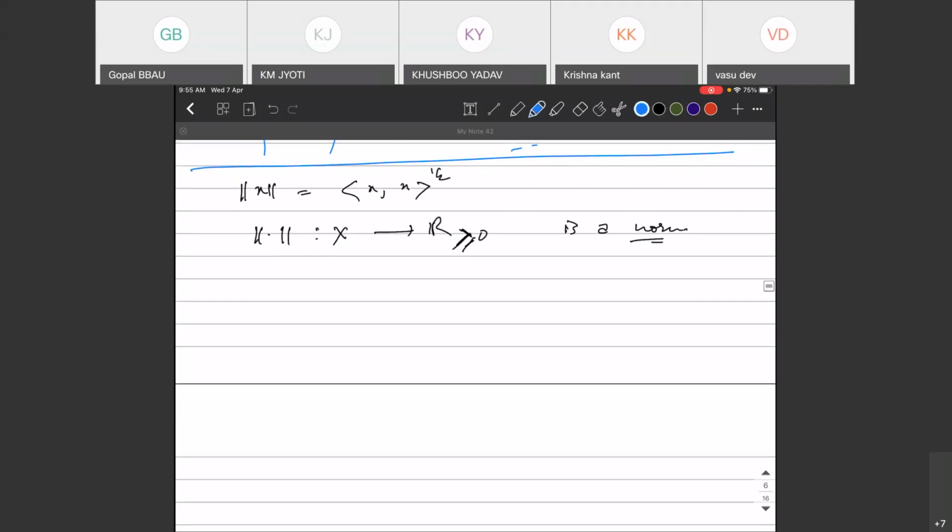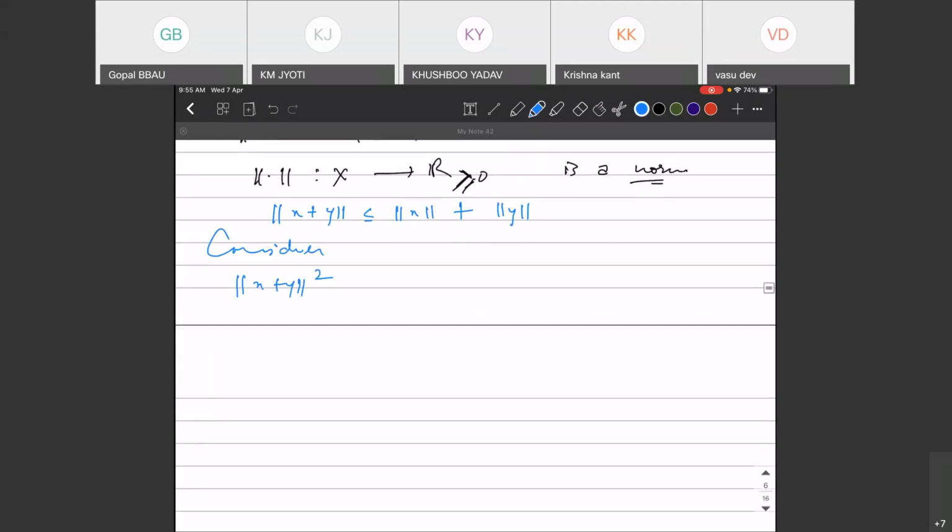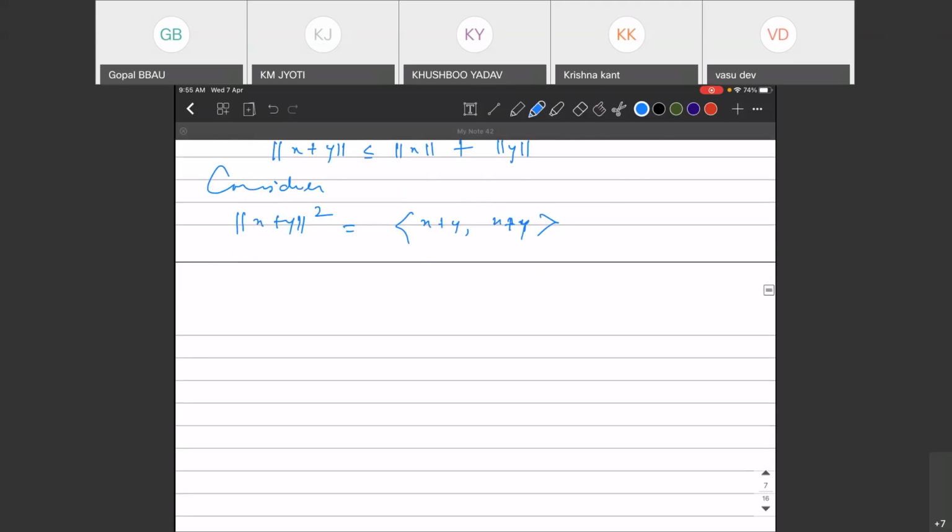So our claim is ‖x + y‖ is less than or equal to ‖x‖ + ‖y‖. So let's see this. Consider ‖x + y‖². By definition this is ⟨x + y, x + y⟩. Now use those properties of the inner product.